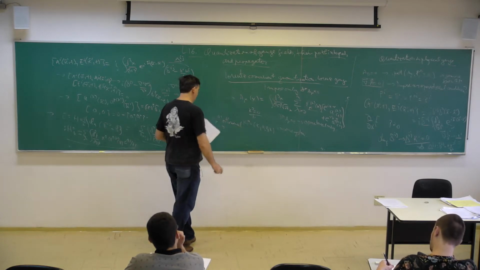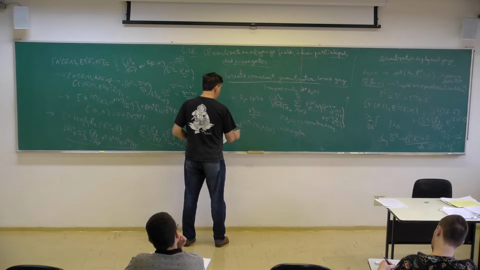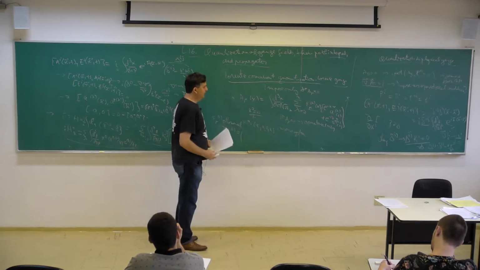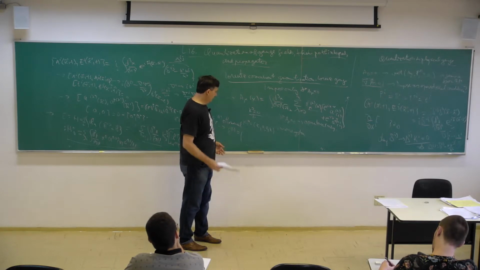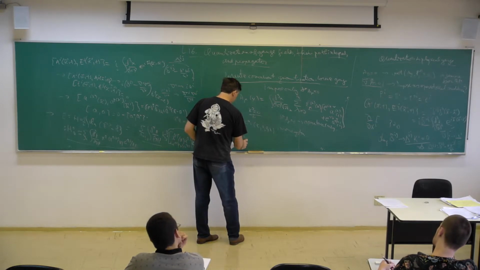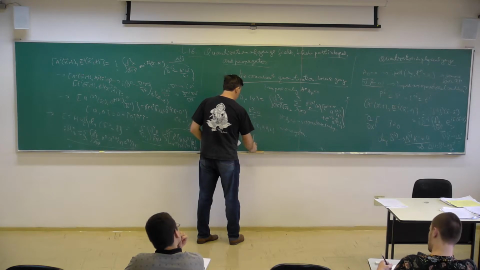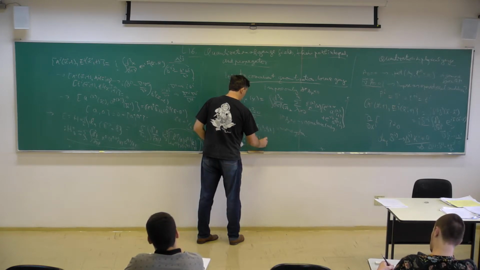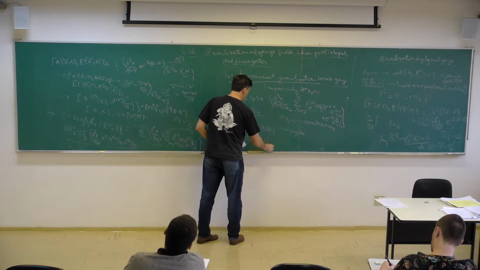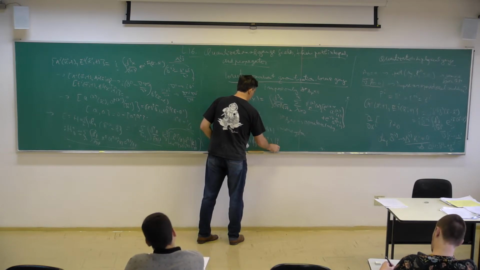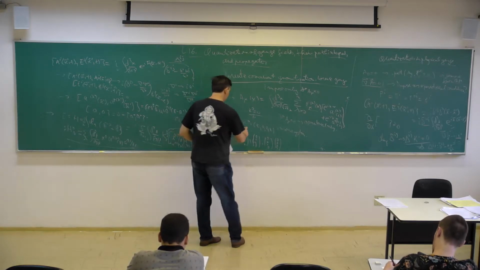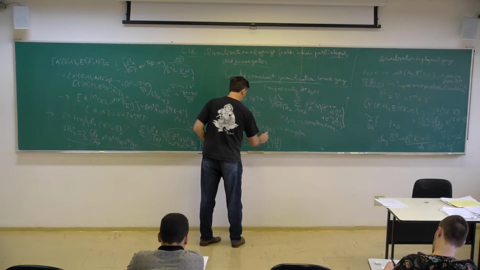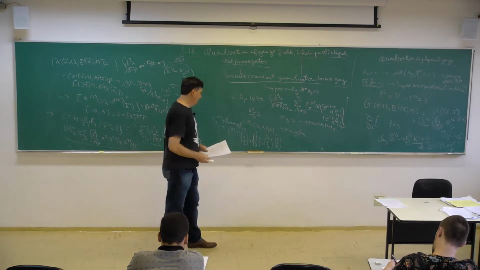So since we're talking about things with 4 components, and we want them to be orthonormal, just define them in the usual way. Right? So lambda is 0, 1, 2, 3.